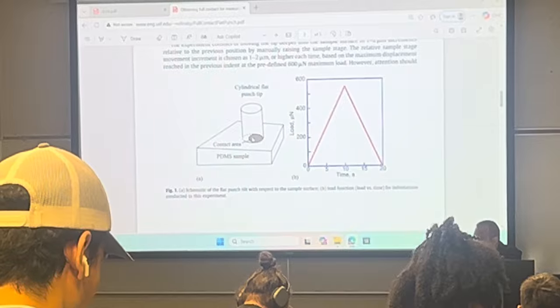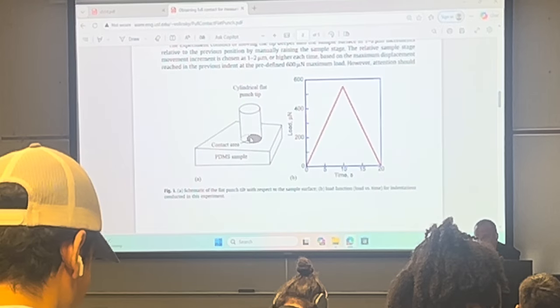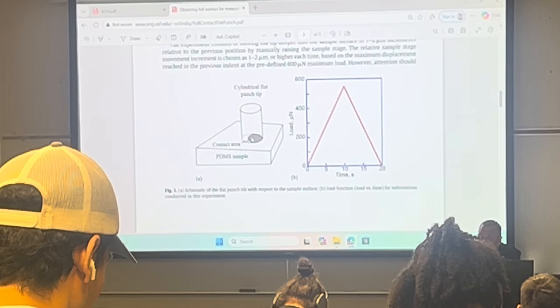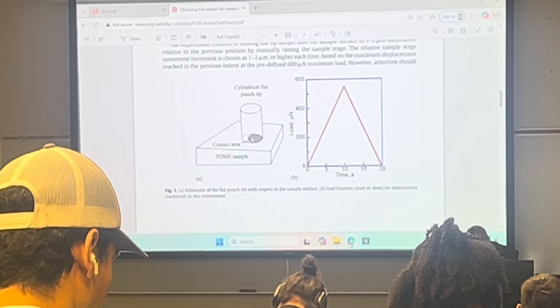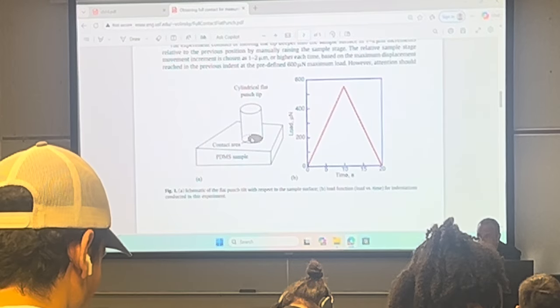This is the main reason why, for indentation, people are using some sort of a pyramid to avoid this effect. But for a pyramid, you don't know what the contact area is. So the idea of using a flat punch is that the contact area doesn't change.